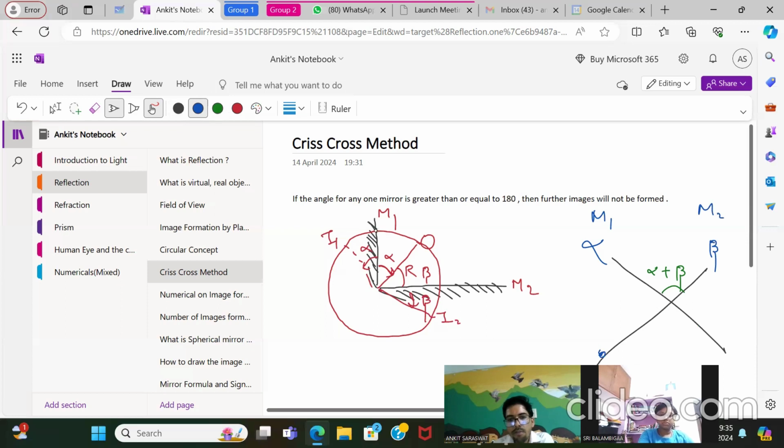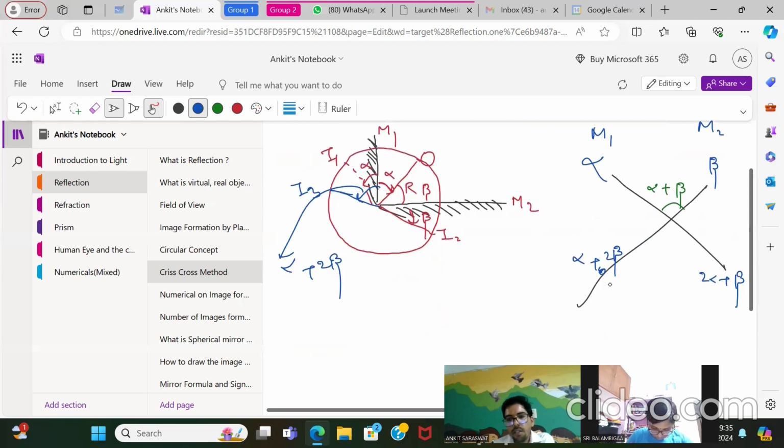For this M1, I2 is the object, and with respect to M1, I2 is how much? Alpha plus beta, 2 beta plus alpha. Then M1 will form an image of this. I3 will be alpha plus 2 beta. Just add alpha plus beta. The next image will be 2 alpha plus beta. Keep doing like this. Again take the cross.